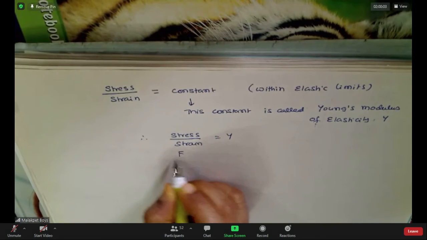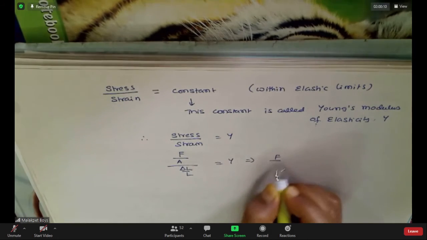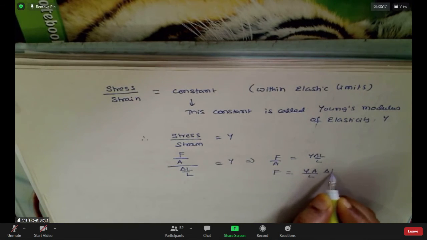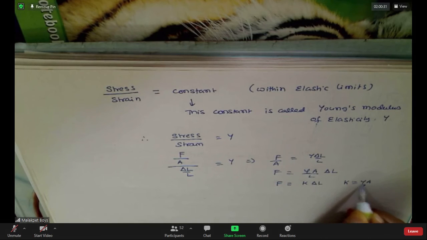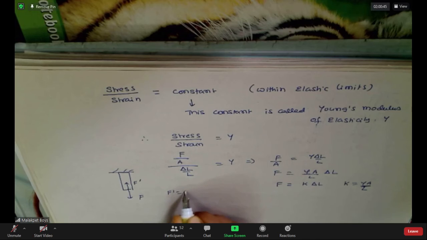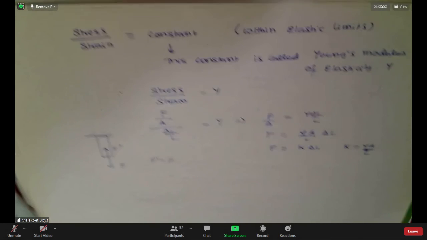This is force by area over delta L by L. This is like the spring force, the elastic force, minus kx, which we learned. Remember, even for this, if you apply force, this is the spring force. Understood this? Is it clear?